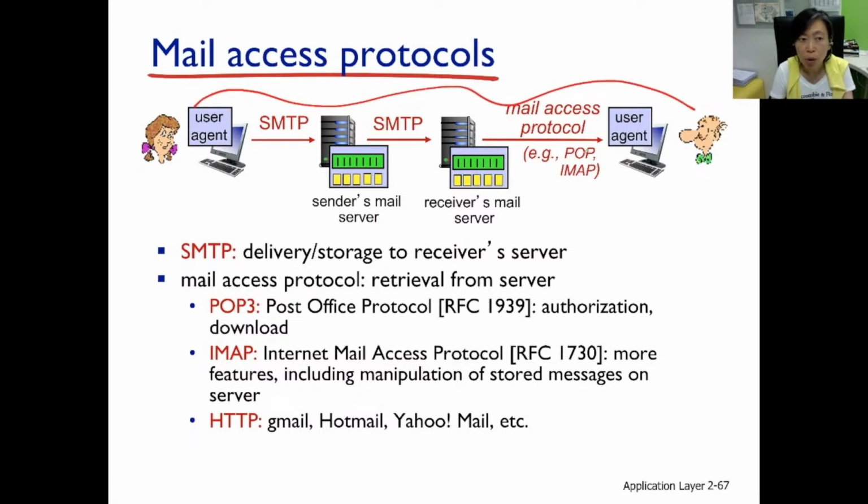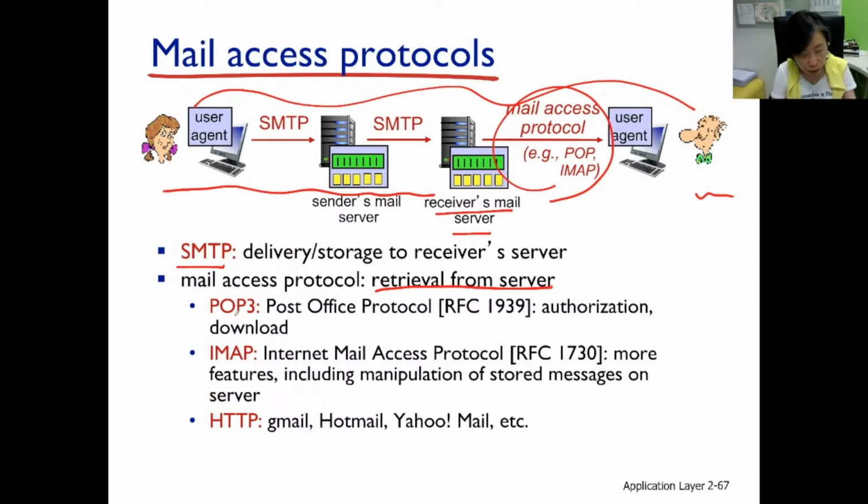So the mail access protocol runs here, in this part of the entire flow. SMTP that we talked about earlier only covers email exchange to the receiver's mail server. Between the receiver's mail server and the actual receiver, it's this protocol that's in control. What it does is allow the receiver to retrieve email from its local server.